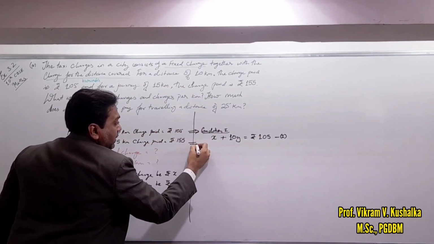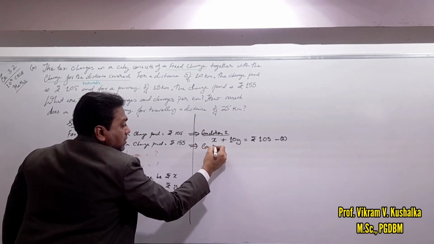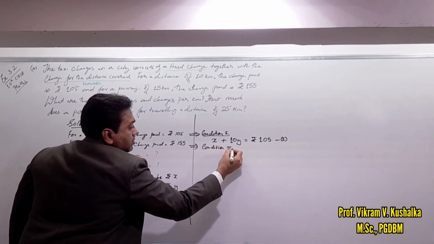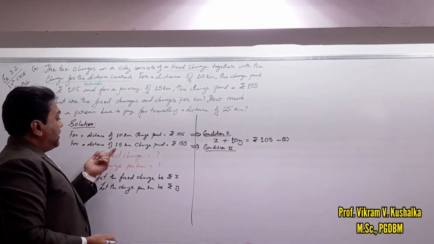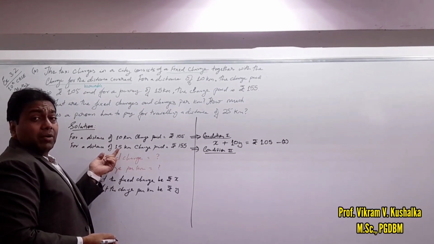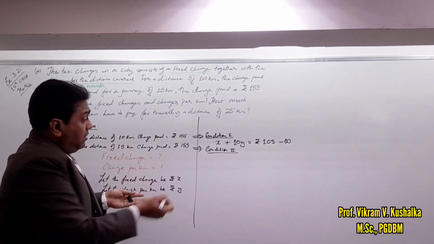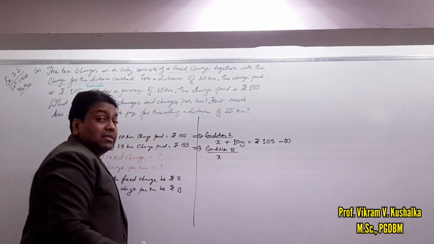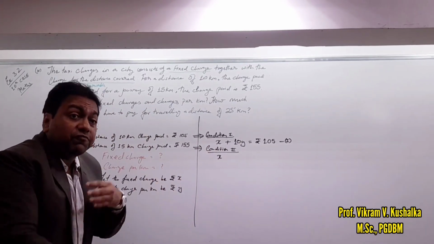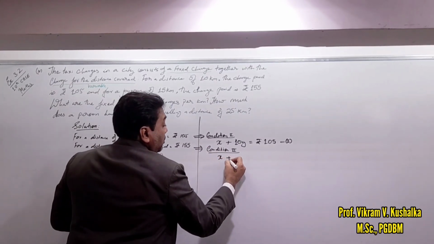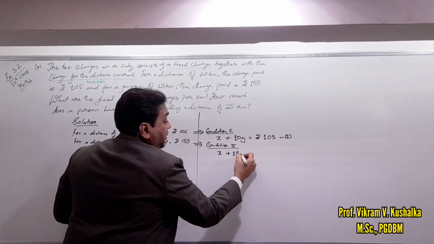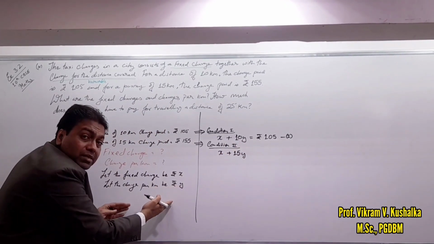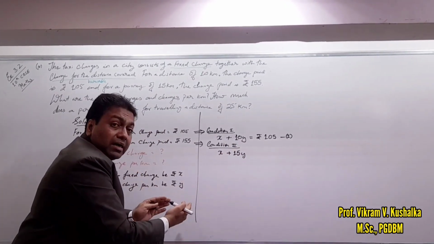In a similar manner, we go to condition number 2, and the condition 2 states 15 kilometers travel. Okay, so 15 kilometers travel, fixed charge remains same, x, but this time you are traveling 15 kilometers. So the charge that you will pay is 15 into y, because rupees y is the charge per kilometer.